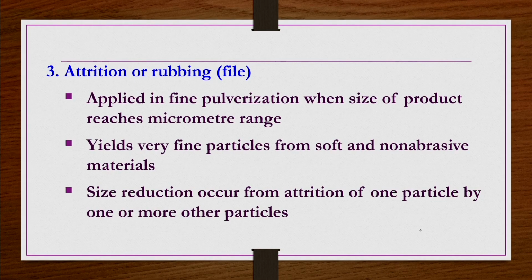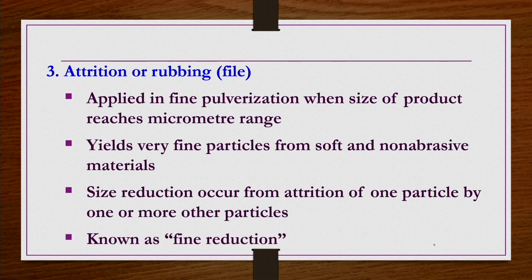then it is possible that the majority of the fraction in the product will be fine particles. So, size reduction occurs from attrition of one particle by one or more other particles when they are tumbling against each other. They may go through attrition or rubbing amongst themselves, and size reduction may also take place.